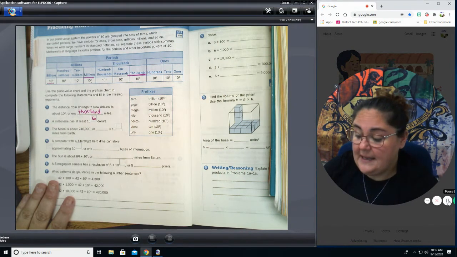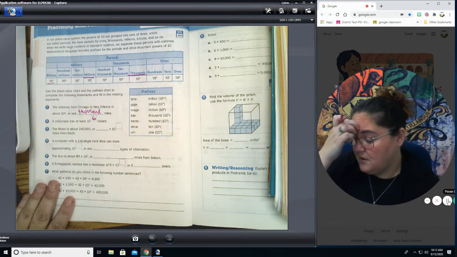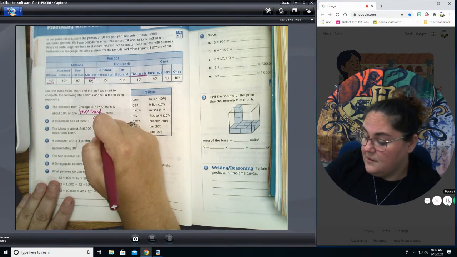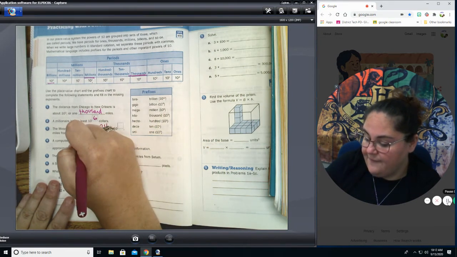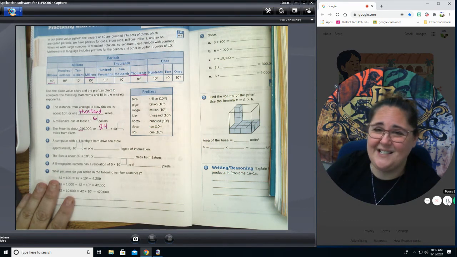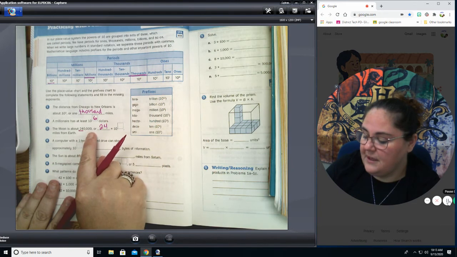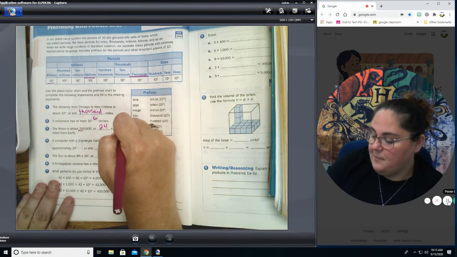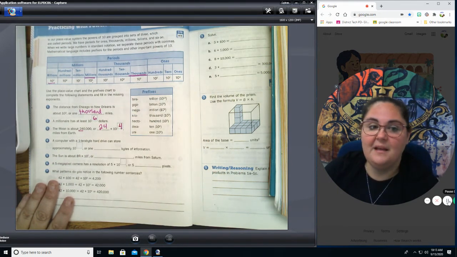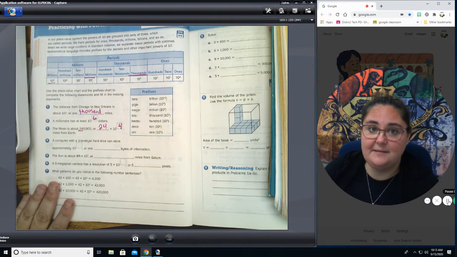The moon is about 240,000 miles from Earth. Or 24, and I'm just going to take that first whole number that I see, 24, times 10 to the 1, 2, 3, 4th power. That's how you use the powers of 10.